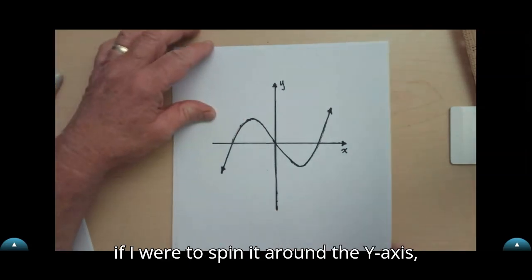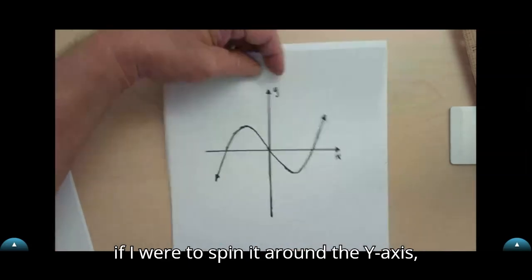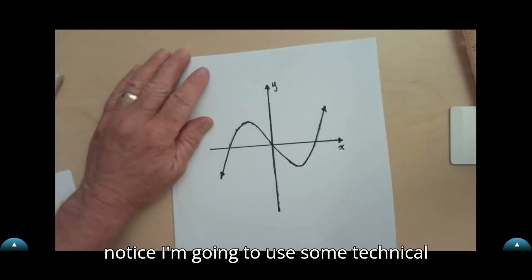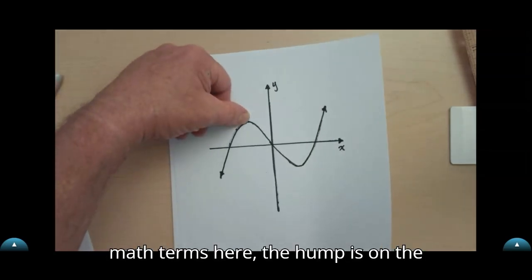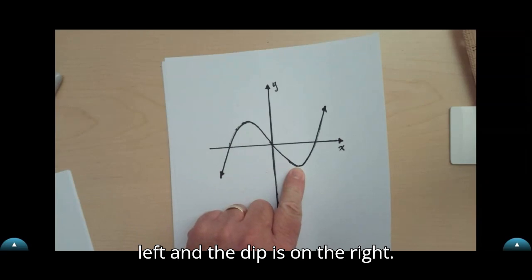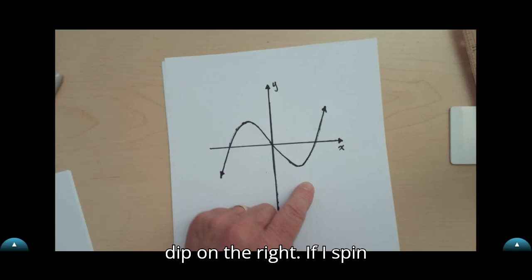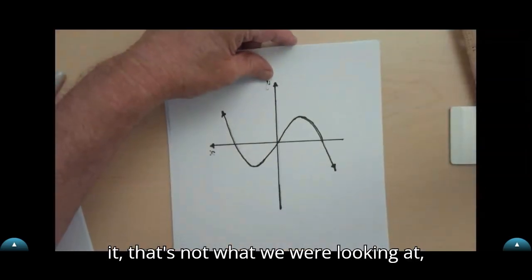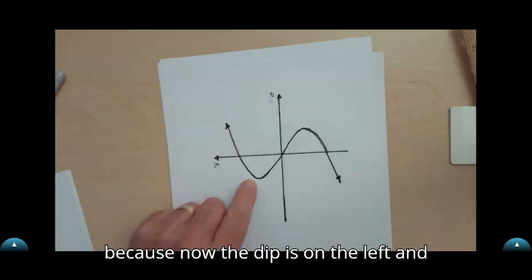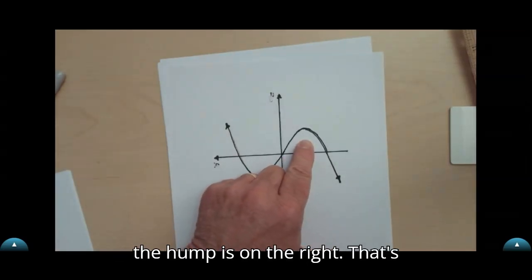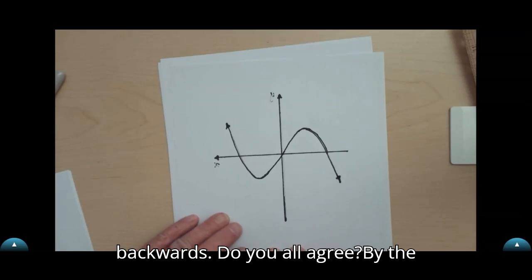And you can see that if I were to spin it around the y-axis, notice, I'm going to use some technical math terms here, the hump is on the left and the dip is on the right. Technical math terms, hump on the left, dip on the right. If I spin it, that's not what we were looking at, because now the dip is on the left and the hump is on the right. That's backwards. Do y'all agree?